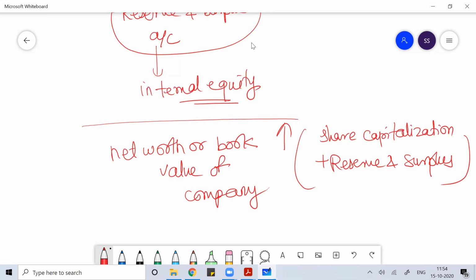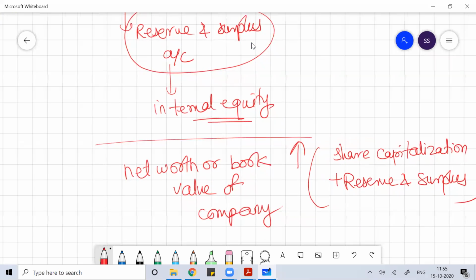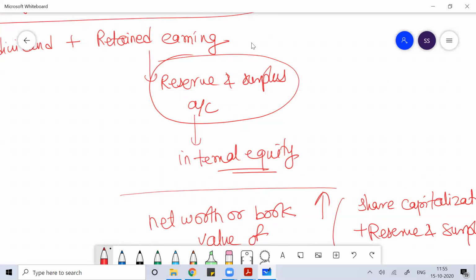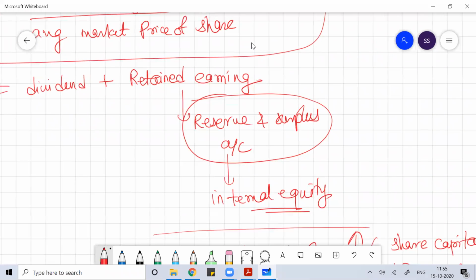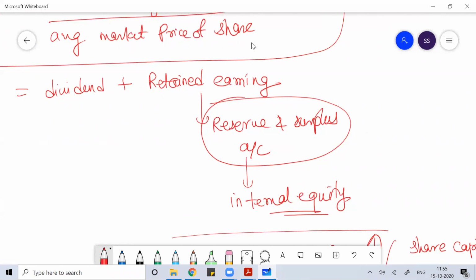This will give us the net worth or the book value of the company. The better the net worth or book value of the company, the more chances the company will sustain any kind of economic turbulence that suddenly affects the company. So net worth or book value talks about the strength of the company.